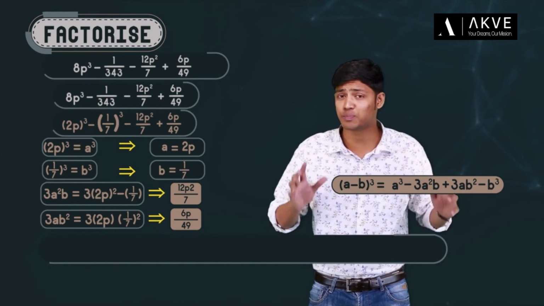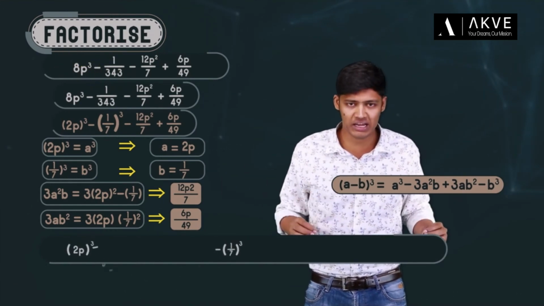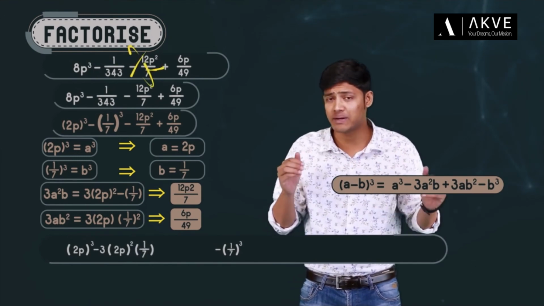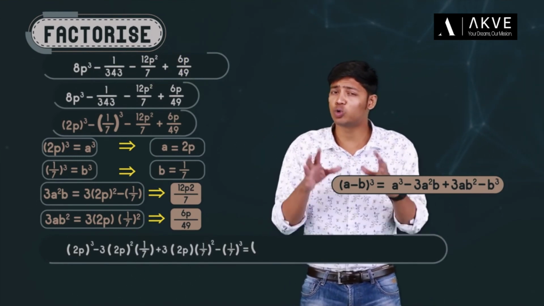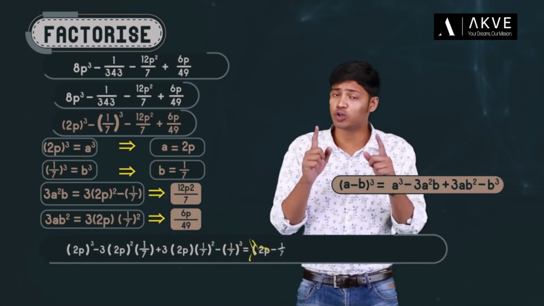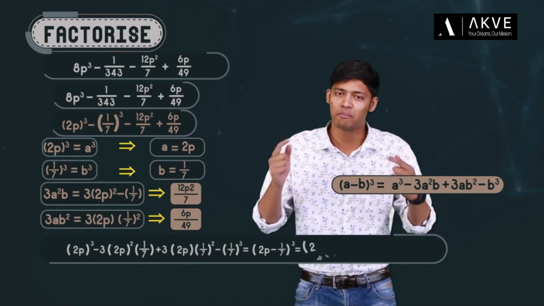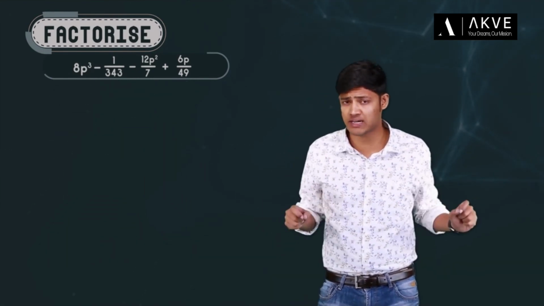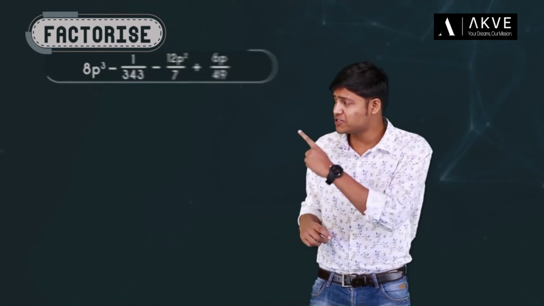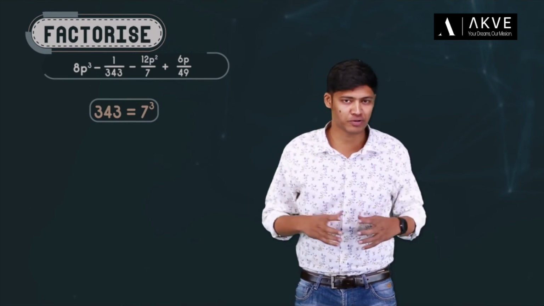So the expression 8p cubed minus 1 by 343 minus 12p squared by 7 plus 6p by 49 will be equal to 2p minus 1 by 7 whole cubed, which is nothing but 2p minus 1 by 7 multiplied by itself 3 times. The most important step that helped us in solving this problem is identifying 343 as 7 cubed.